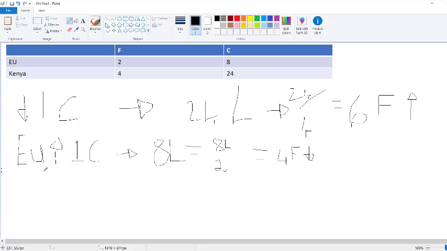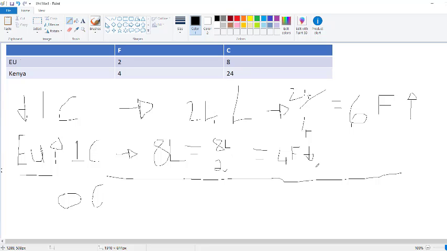What happens in total? What happens in terms of carbon, in terms of the whole world? Kenya reduced their carbon by 1, but the EU increased their carbon by 1. So in total for the world, there are no extra carbons, because the one reduction is the one increase in production for the EU.